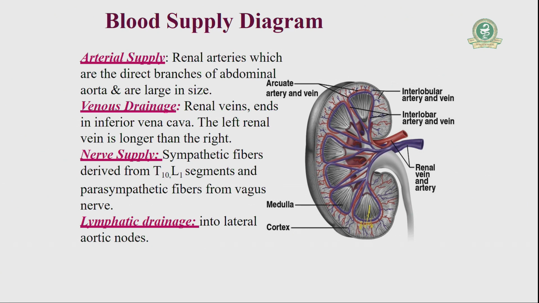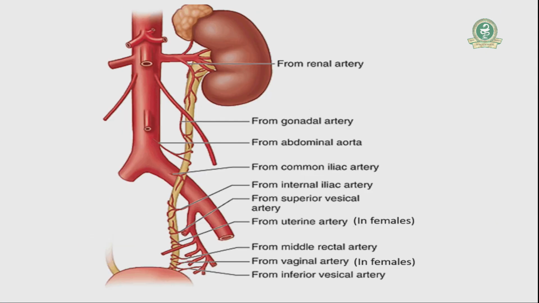Nerve supply: sympathetic fibers derived from T10, L1 segments and parasympathetic fibers from the vagus nerve. Lymphatic drainage into lateral aortic nodes. And you can see this aorta branch, the renal artery branching from the aorta.